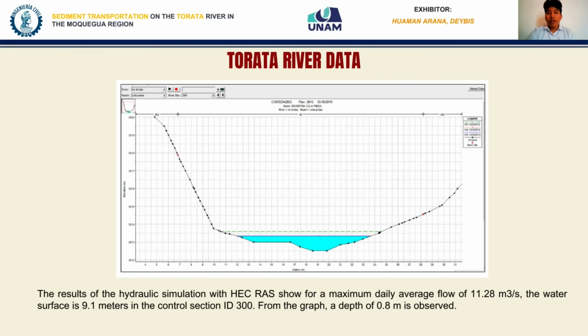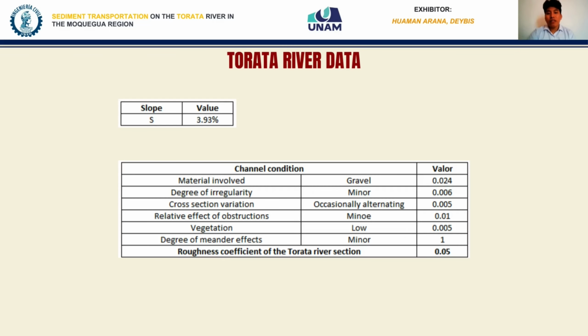The results of the hydraulic simulation with HEC-RAS showed, for a maximum daily average flow of 11.28 cubic meters per second, a water surface of 9.1 meters in the control section ID 300. From the graph, a depth of 0.8 meters is observed. The slope is 3.93%.